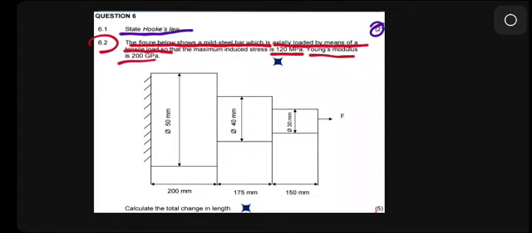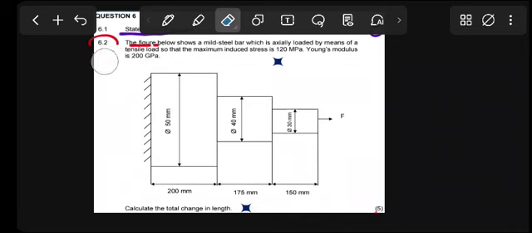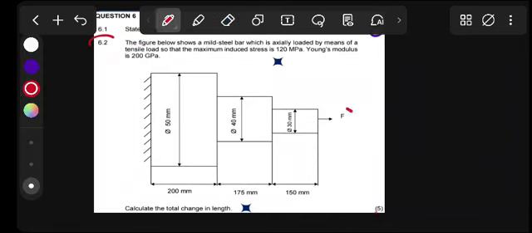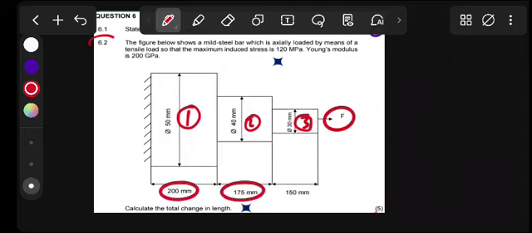The Young's modulus is for all these bars, guys. Those bars are placed in series. We have section 1, section 2, and section 3, with their diameters and lengths.